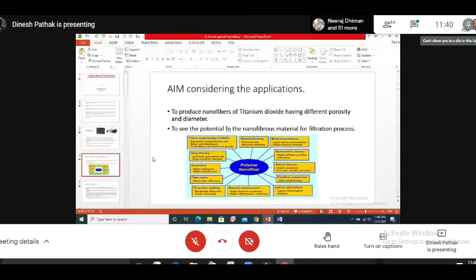Similarly, in the cosmetic industry, water filtration, air filtration, or optoelectronic applications, we have plenty of applications. There is even application of nanofiber in the aeroplane industry, where we can prevent the sound from reaching the passengers sitting inside.